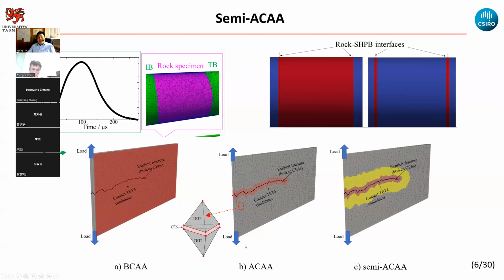So we proposed ACAA. In that case, only around the crack do we put in the contact. Then we can delete the bonding stress and completely use the contact force.